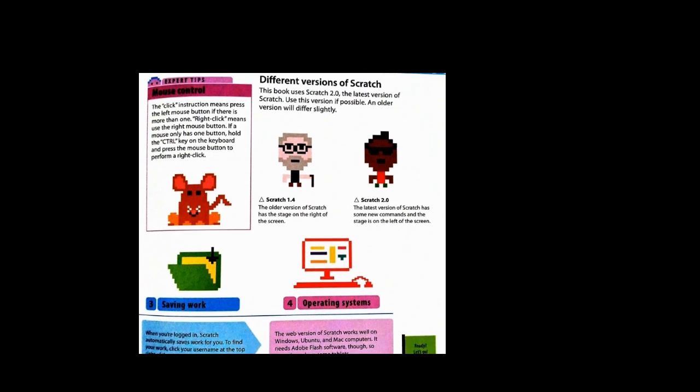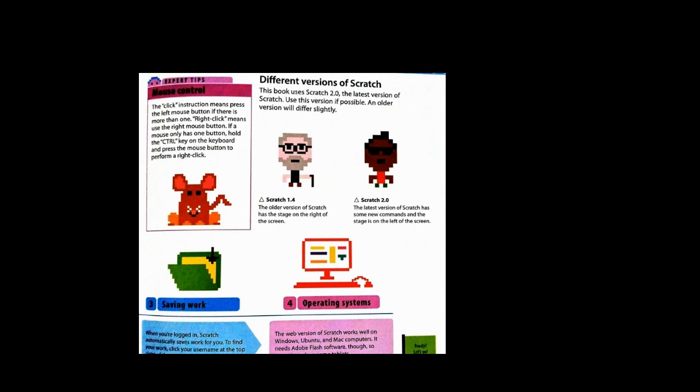Expert tips: mouse control. The click instruction means press the left mouse button if there is more than one. Right click means use the right mouse button. If a mouse only has one button, hold the control key on the keyboard and press the mouse button to perform a right click. Different versions of Scratch.